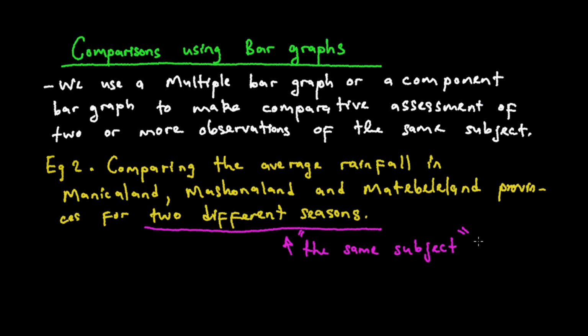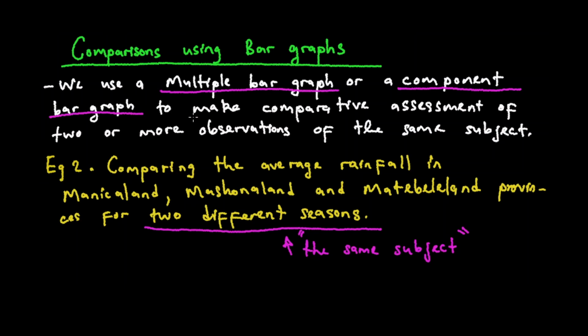We focus on Manicaland, Mashonaland and also Matabeleland provinces. We are either going to use what we refer to as a multiple bar graph or a component bar graph. A multiple bar graph and a component bar graph are used for comparisons. These 2 bar graphs can be used to present the same set of observations in a different way.